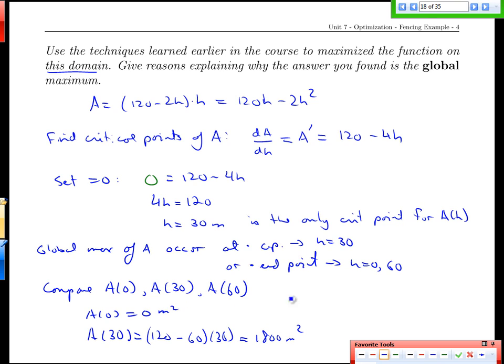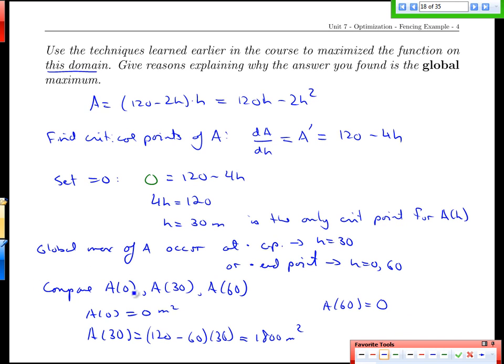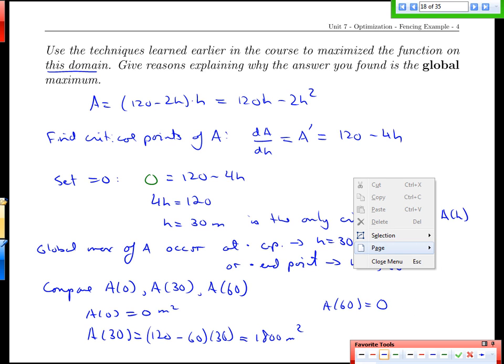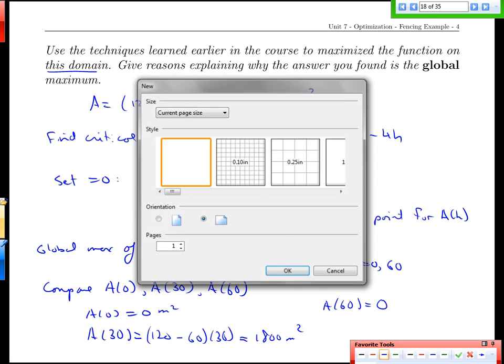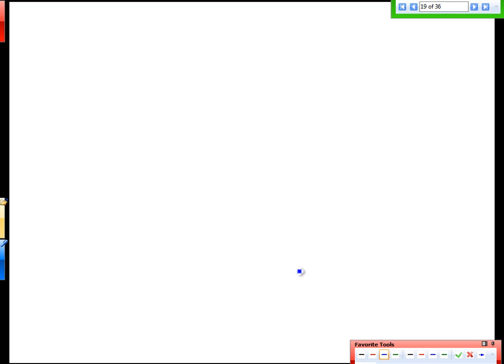And A of 60 is going to be equal to 120 minus 2 times 60. That's also 0. So by comparing these three values here, A of 0 at the endpoint, A of 30 at the critical point, and A of 60, we can conclude that we have a global maximum at H equals 30.